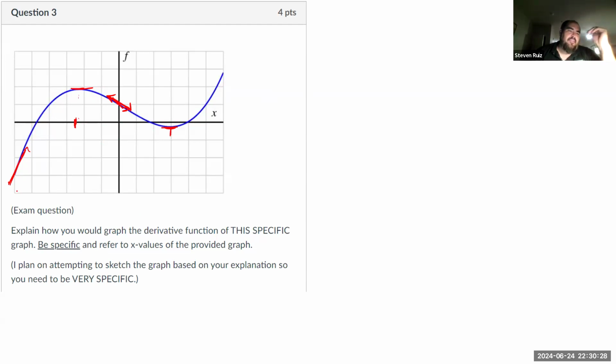So the point -6, 3 should be on the graph of my derivative, and then it should increase to 0 at about x equals -2.5. So I think I gave plenty of detail there, but there's a lot of ways to describe what's going on with that graph and how to sketch the derivative from it.